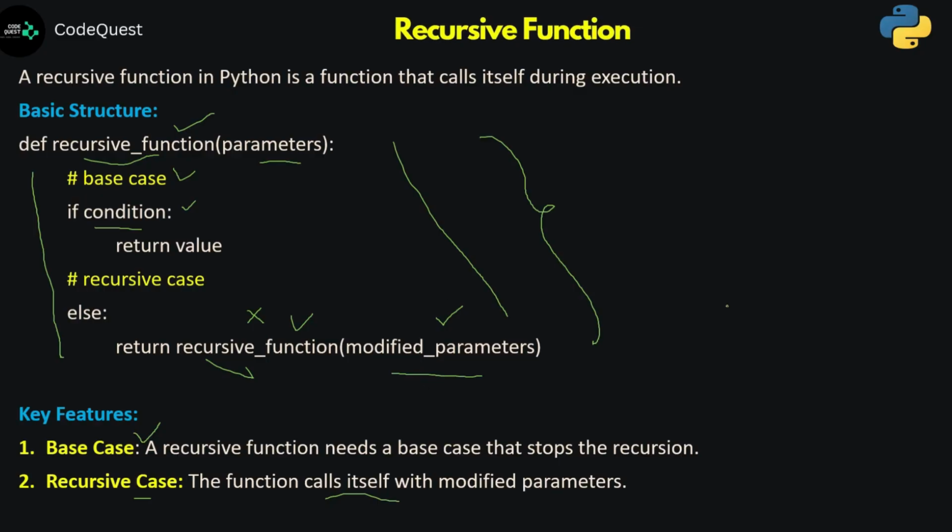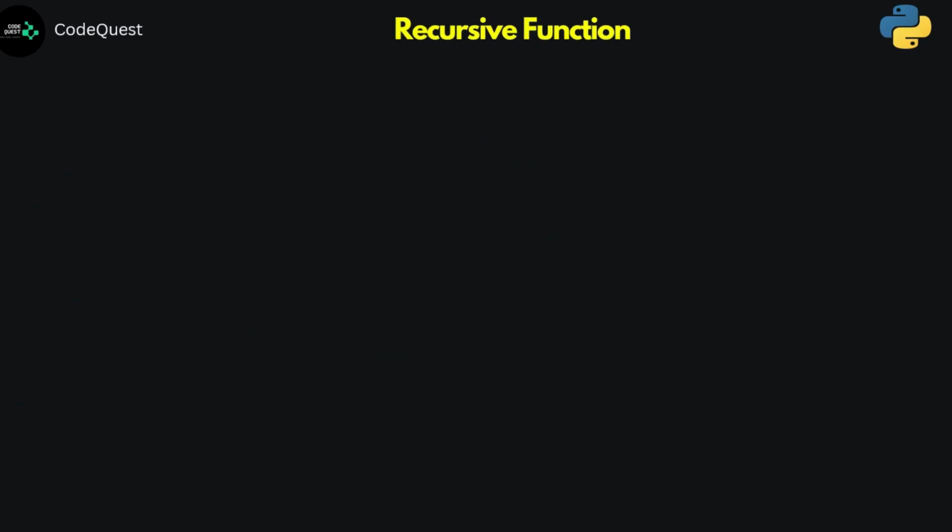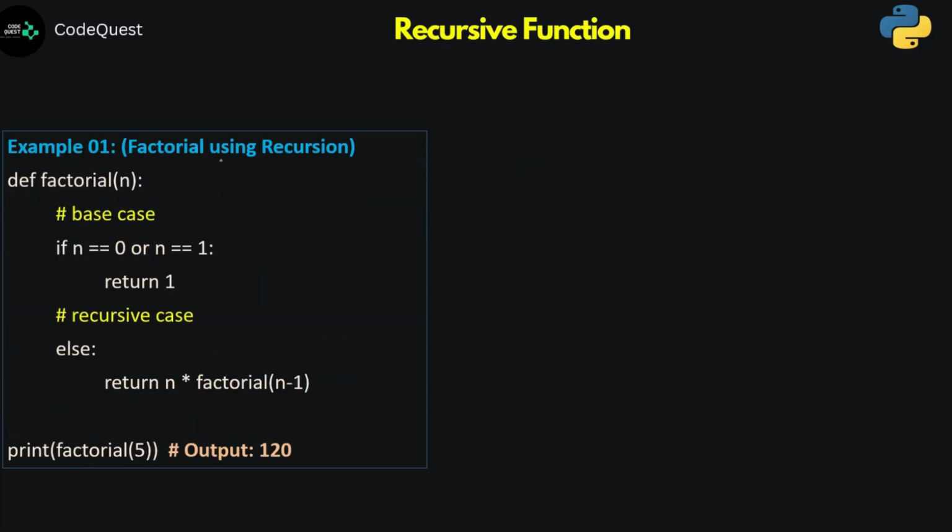Now let's understand this by taking a very simple example of finding factorial using recursion. Let's say the function name is factorial, and there is one parameter here. Now when I'm calling this factorial function with a value 5 here, the control is going to go down to this function.